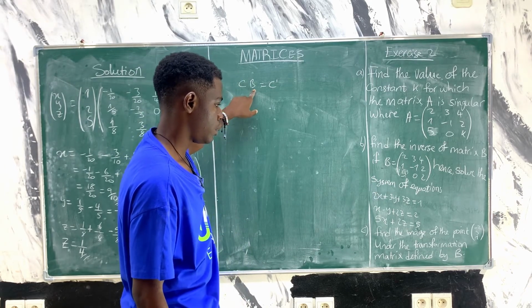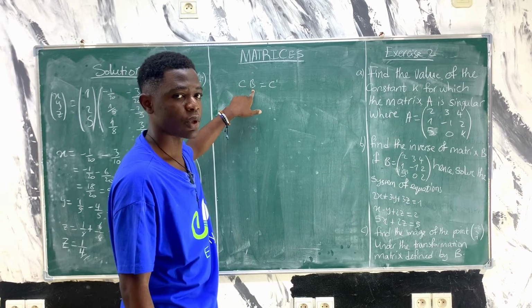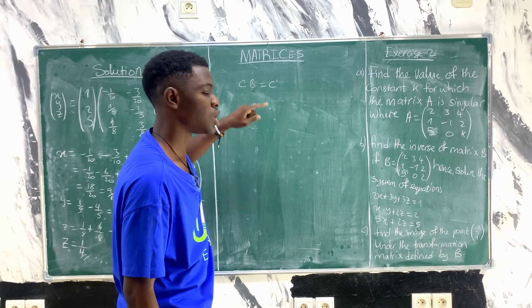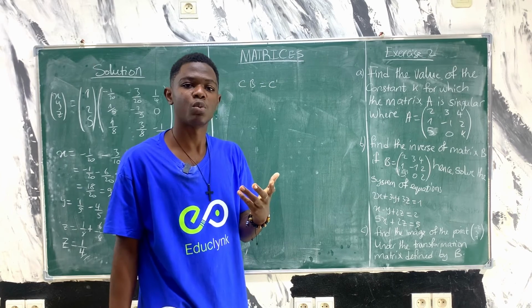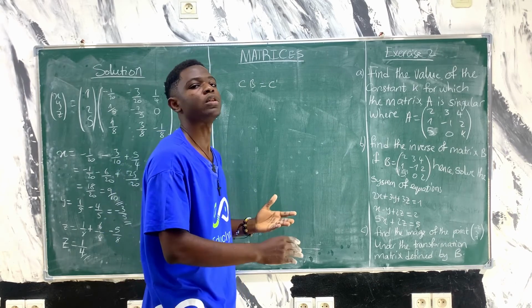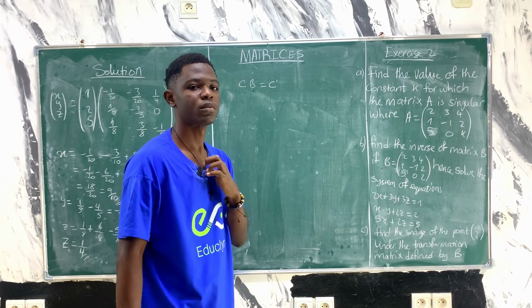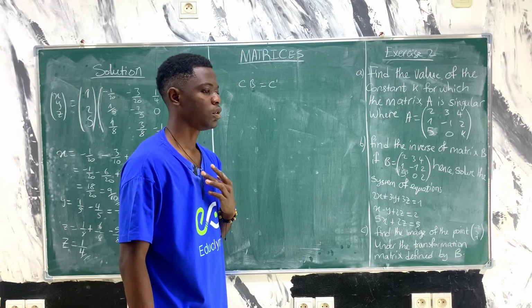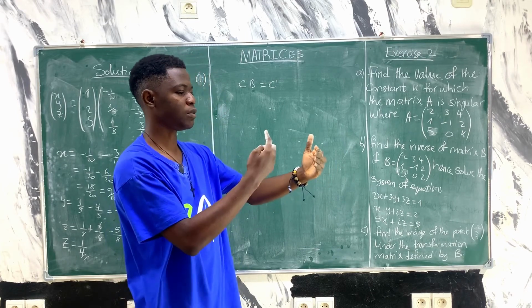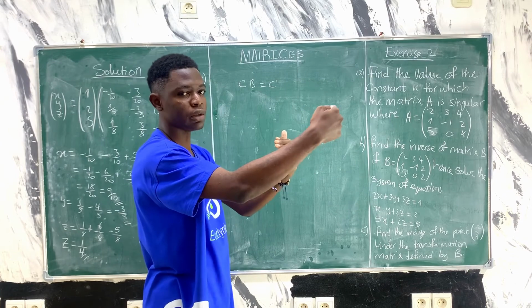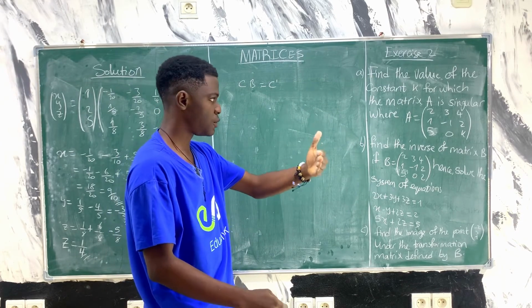B is the transformation matrix here. The transformation matrix means a matrix which changes a normal point into its image. B is a mirror which, when I see myself, it shows me my image. So B is that interface, B is that mirror.